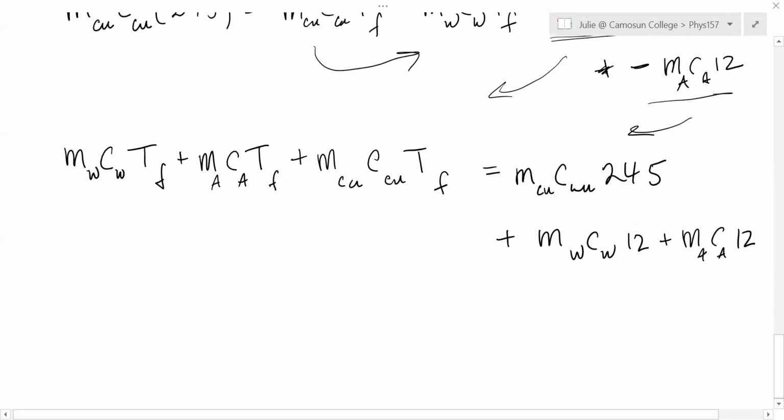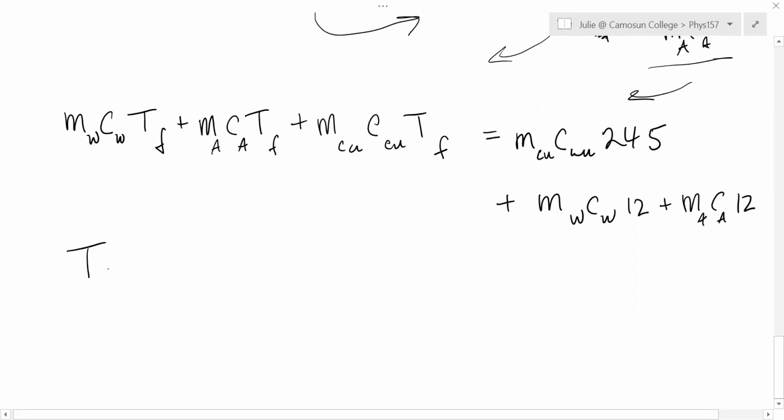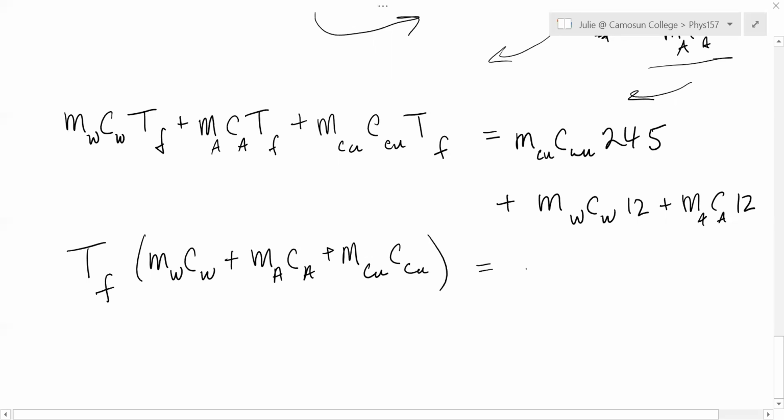And so look at the symmetry there. If I factor out this TF, I get the product of all the MCs in the problem: M copper, C copper, and so on. And on the right-hand side, I have the product of all the MCs times their initial temperatures. And they're all positive.